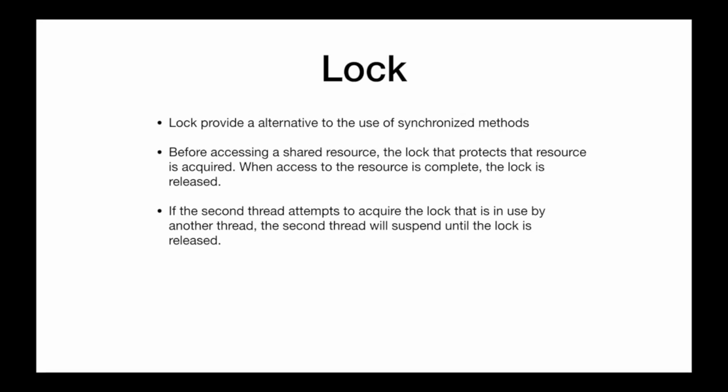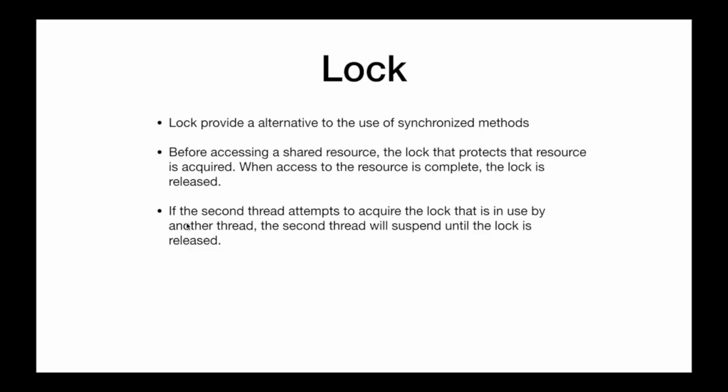Now let's understand lock. Lock provides an alternative to the use of synchronized methods. Before accessing a shared resource, the lock that protects that resource is acquired. When access to the resource is complete, the lock is then released.